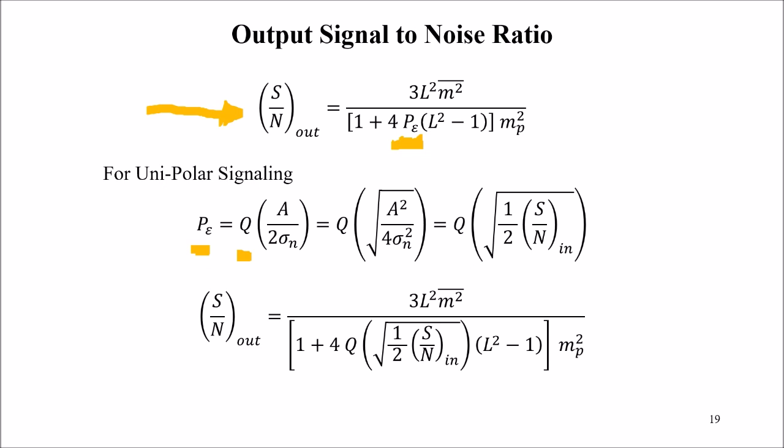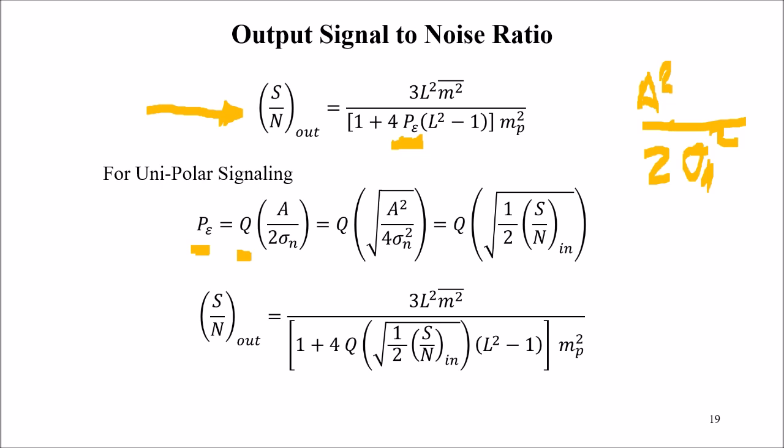So we have the square root of A squared divided by 4 sigma n squared, and you factor out a 1/2. What we're left with is A squared divided by 2 sigma n squared, which was the signal to noise ratio at the input.